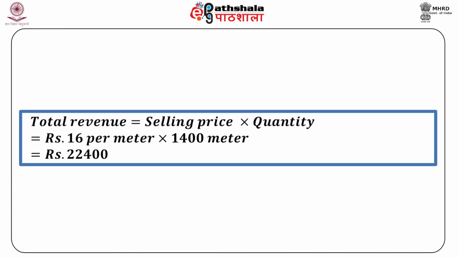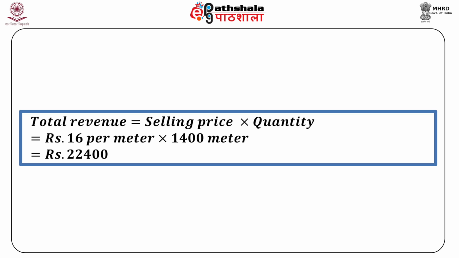Question C. Now if the firm produced 1400 meters of cloth, what is the effect on the firm's profit? Answer. Total quantity produced now is 1400 meters. Thus total revenue will be equal to selling price into quantity, which is equal to 16 into 1400, which is equal to 22,400 rupees.